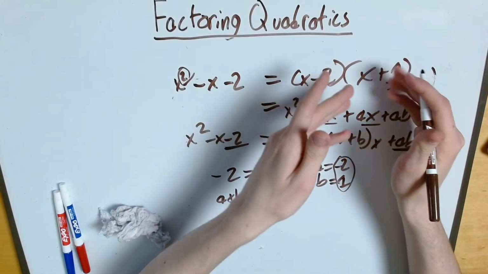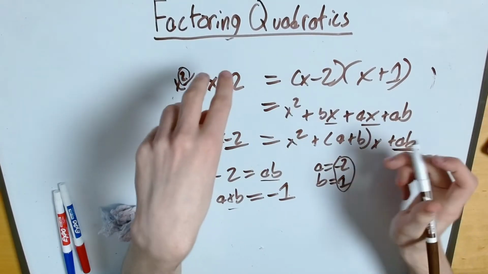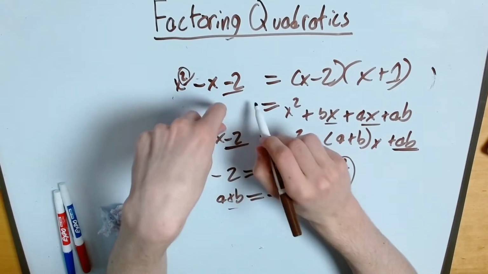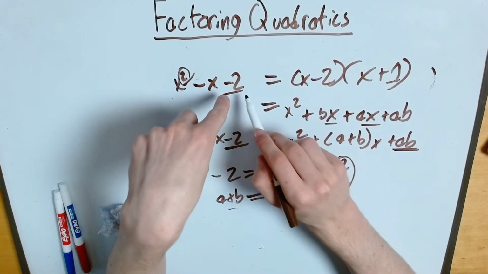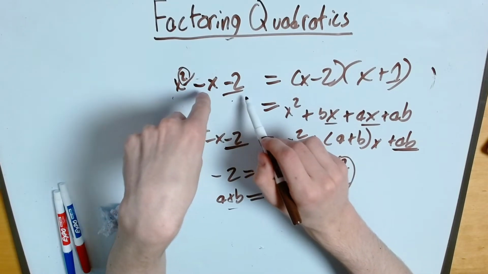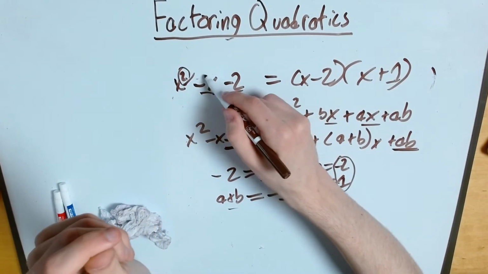We're going to pretend, if we don't know these values, we're going to say they're a and b. And we're going to look at this term and say, okay, what two numbers do I have to multiply together to get this value? And then, of those values, which of them add to whatever this number is? In this case, it was just a -1.